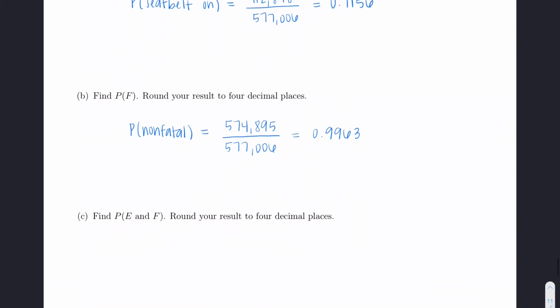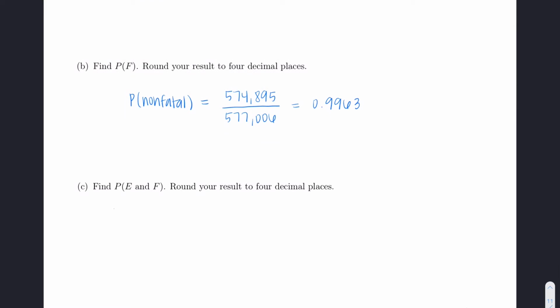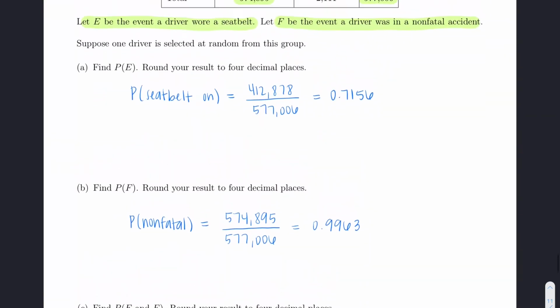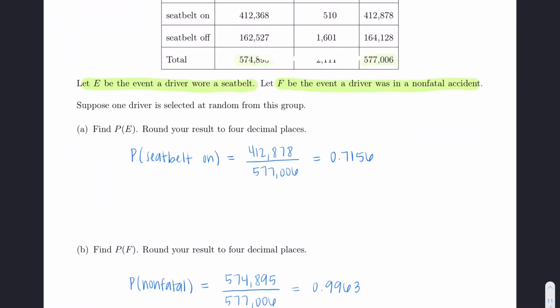Part C then asks us to find the probability that they happened at the same time, so that the driver was both wearing their seatbelt and were in a non-fatal accident. And so this is the one where I just look at the intersection of these two. So if I go back to my contingency table, I'm going to look at non-fatal and seatbelt on, and I'm going to look at this number.